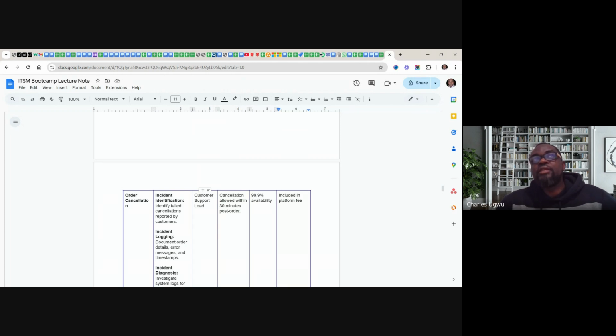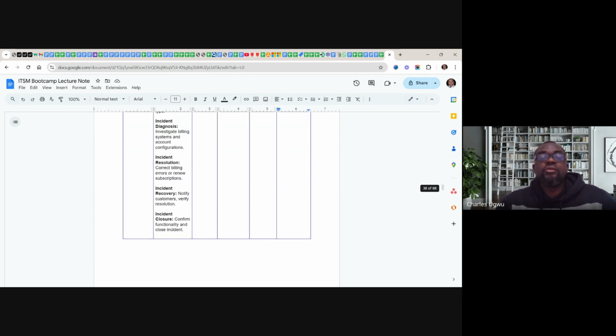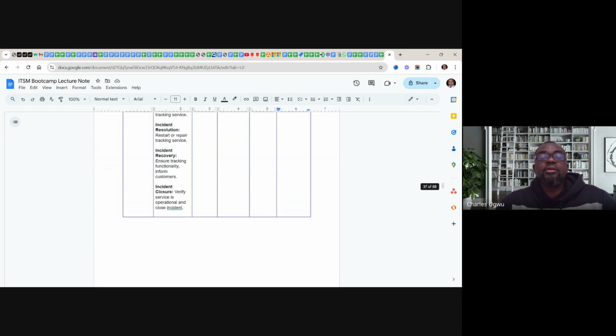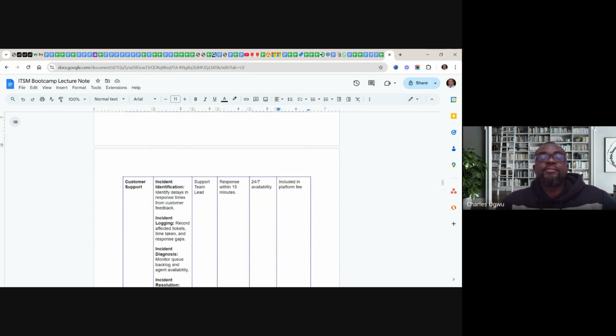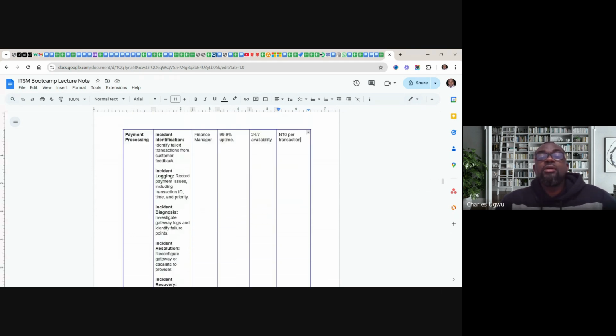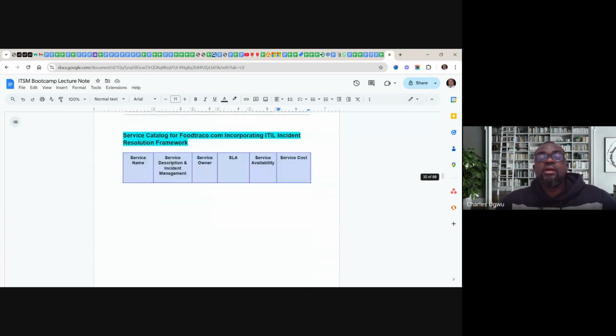High level means that we still need to break them down. This is not the full picture, we still need to pick them one by one to break them down. We need to capture service level agreements at both ends.